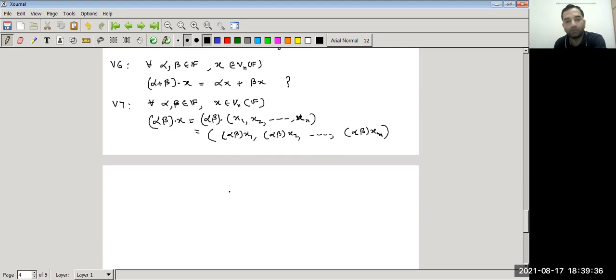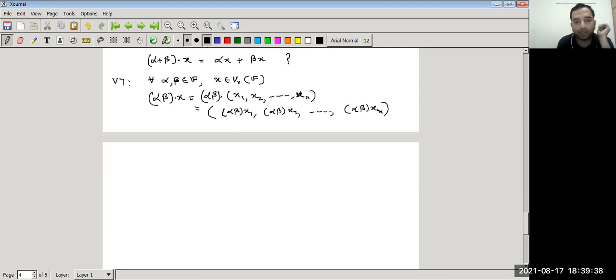Now, because they are scalars, they are real numbers. We are dealing with real elements, and we know that in real numbers a into b into c satisfies the associative property under multiplication.